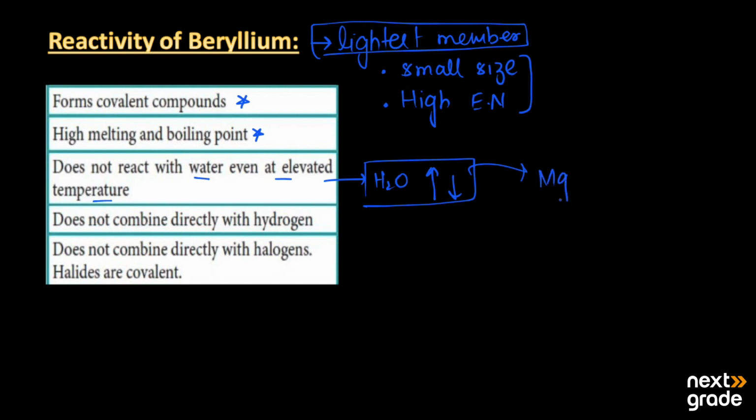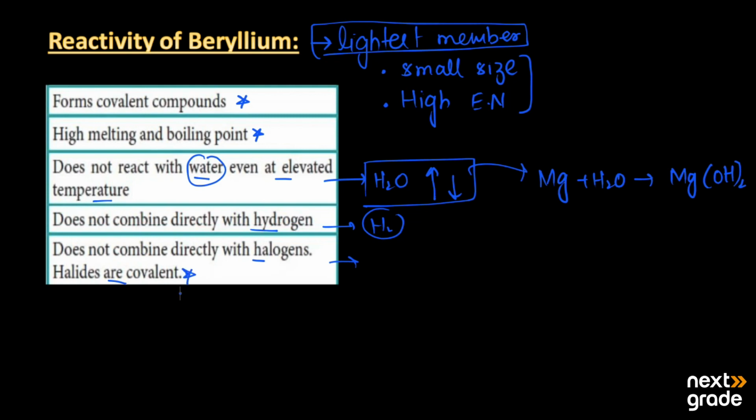Like magnesium, it reacts with water and changes into the hydroxide, magnesium hydroxide, but beryllium does not react with water. Then it does not combine directly with hydrogen gas, and it does not combine directly with the halogens, and its halides are basically covalent in nature.